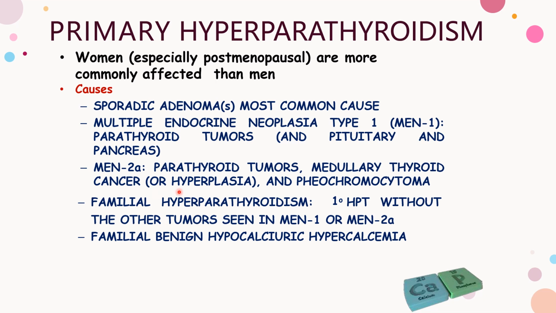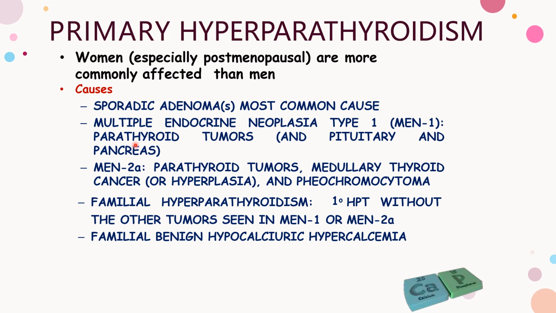In that, parathyroid tumors, medullary thyroid cancer, and pheochromocytoma. And familial hyperparathyroidism. This is primary hyperparathyroidism without other tumors seen in MEN 1 and 2A.